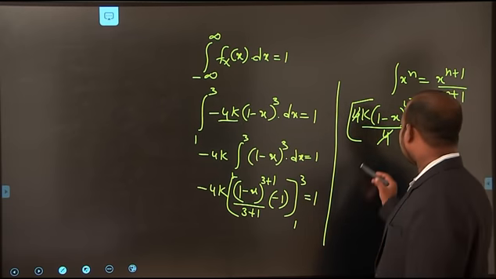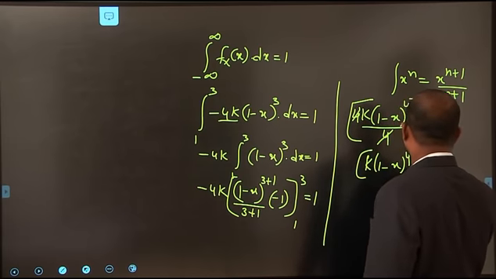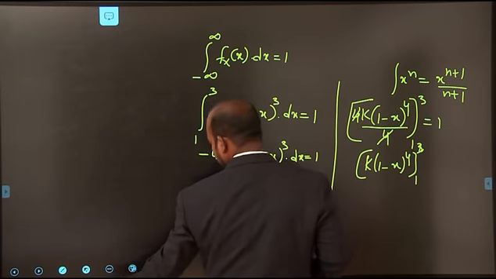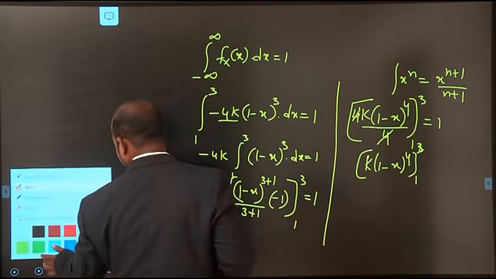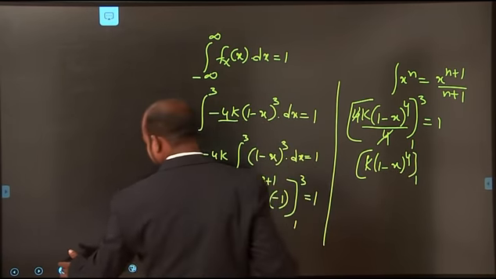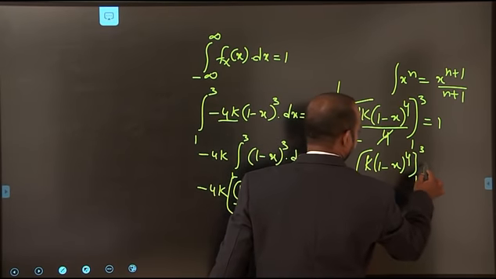Remaining elements are k into (1 minus x) whole power 4, with values from 1 to 3, is equal to 1.